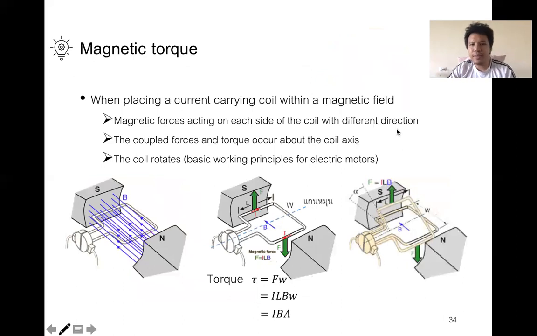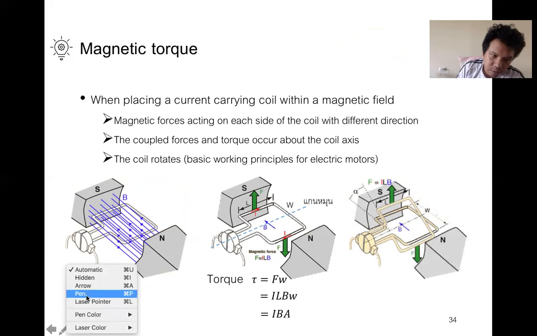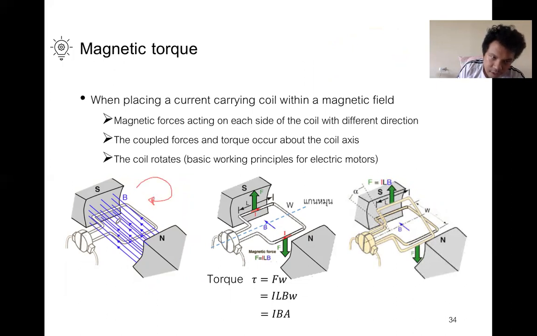Okay, and then magnetic torque. Magnetic torque occurs when we have a magnetic field and we give current into the coil. If I give the current in the clockwise direction, the current on the left-hand side will go this way and the current on the right-hand side will go this way.